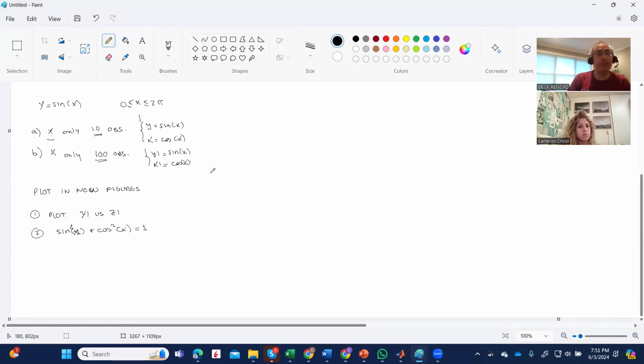Oh, the other one is very interesting. Can you plot, remember that, so let me say it again, guys. Remember that 2 sine of x cosine of x is equal to sine of 2x. So plot this one here.